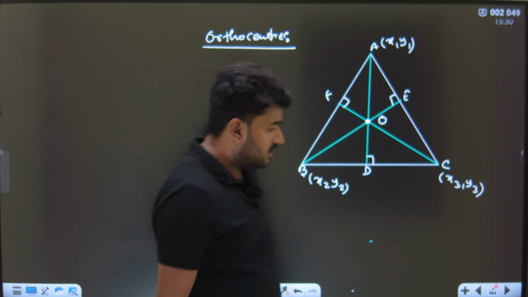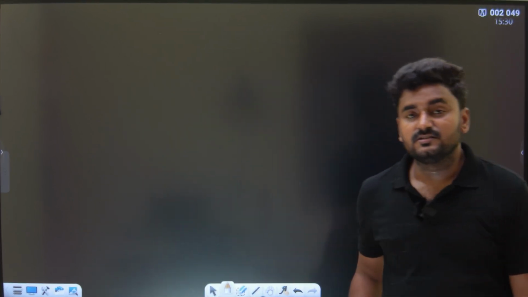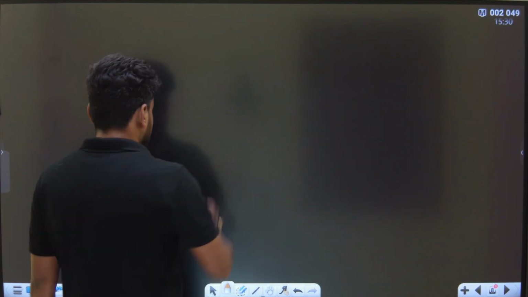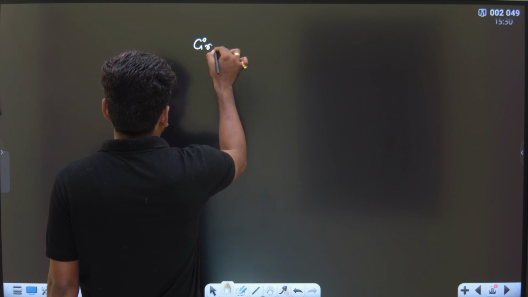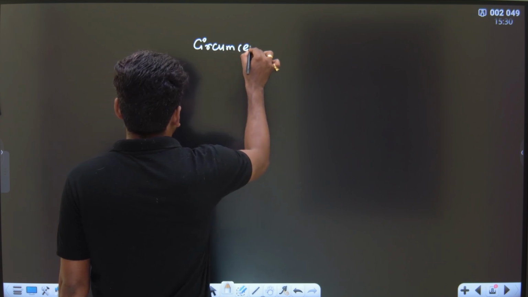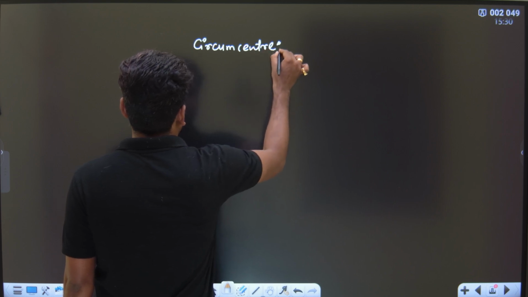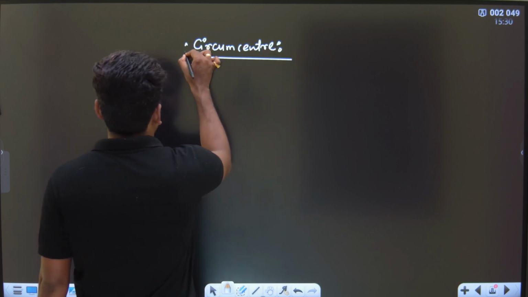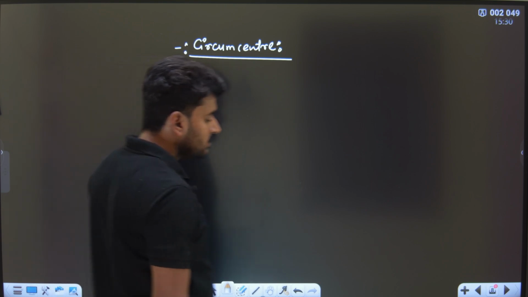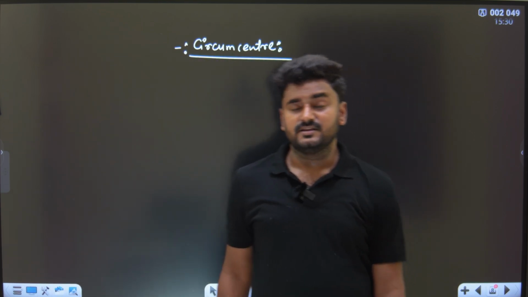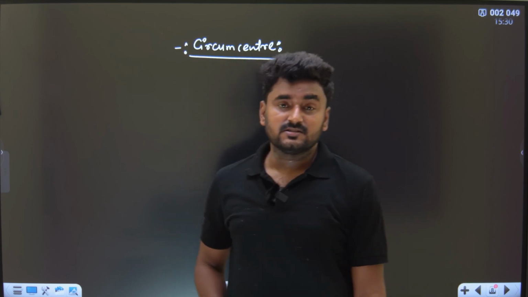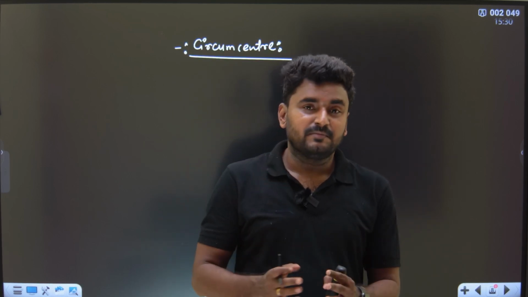Now our next center whose name is circumcenter. I am going to tell you about the circumcenter. What is the circumcenter and how will I find it? The circumcenter is the point of intersection of perpendicular bisectors.